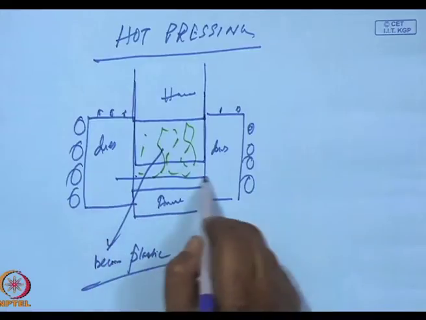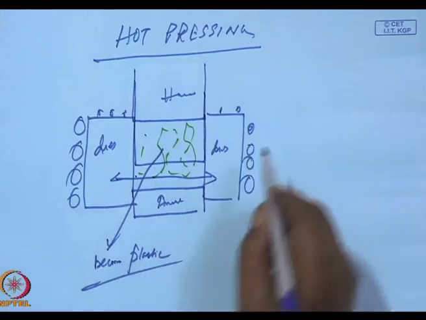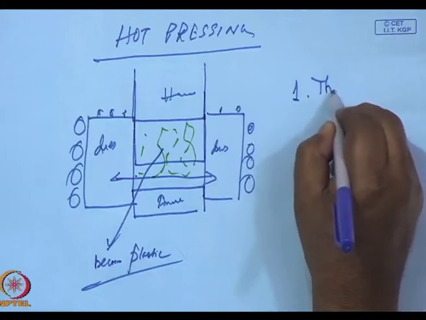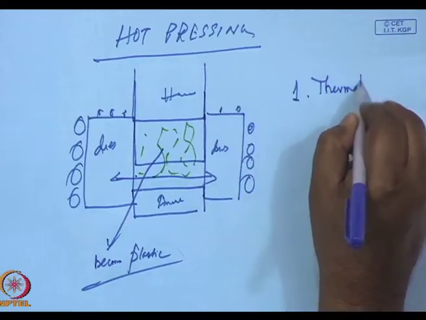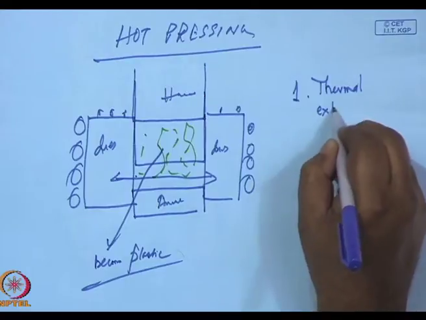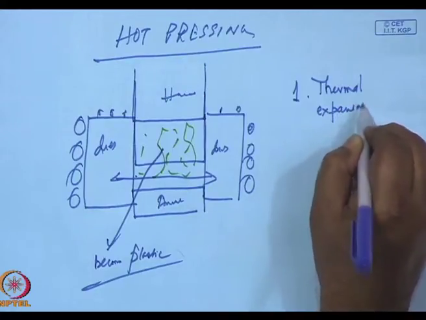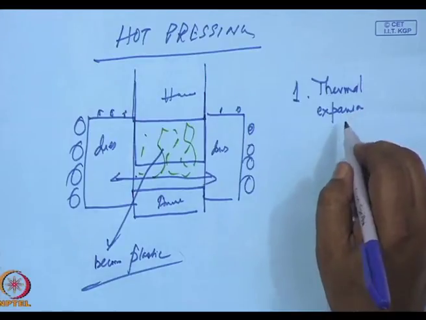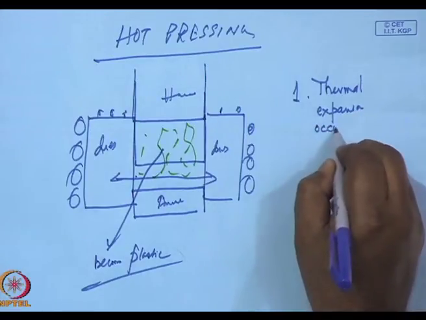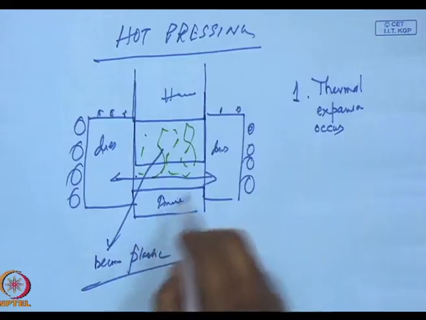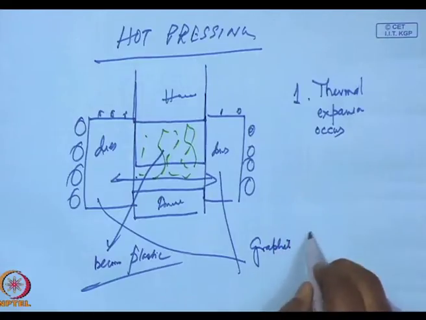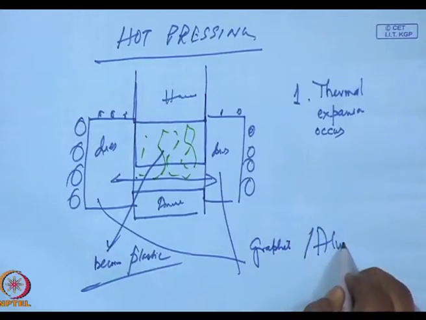Here in hot pressing, how many problems are there? One, thermal expansion occurs. Normally these dies are graphite dies, but alumina dies are also known to be used.